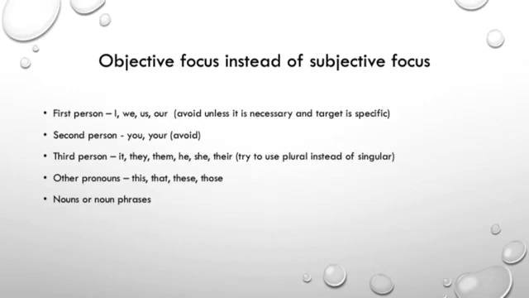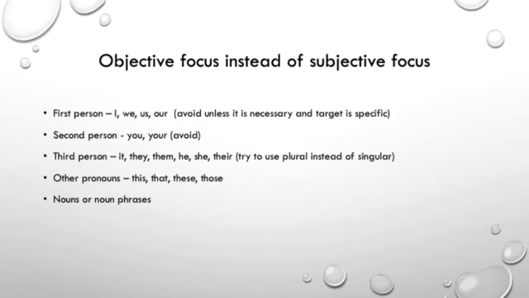Third person is slightly more objective: it, they, them, he, she, their. When we use third person, it's a technique that we try to use plurals instead of singulars so that we make our voice stronger. We also use other pronouns to make the writing sound more objective: this, that, these, those.